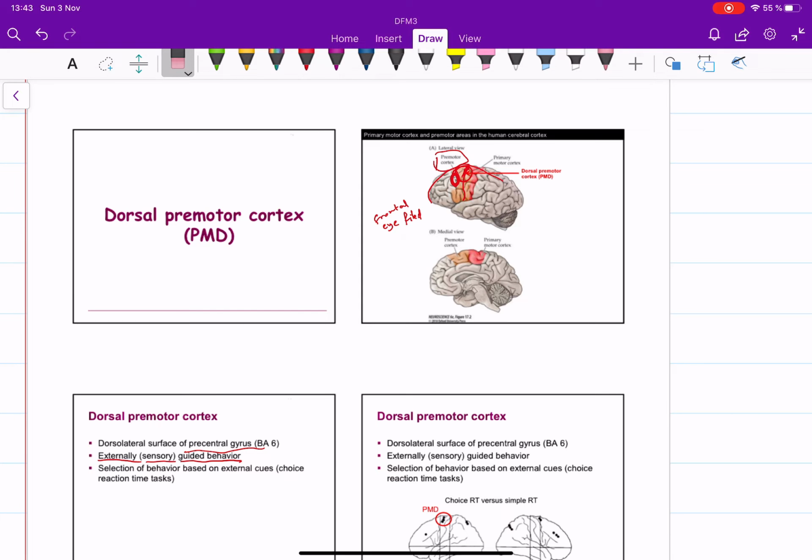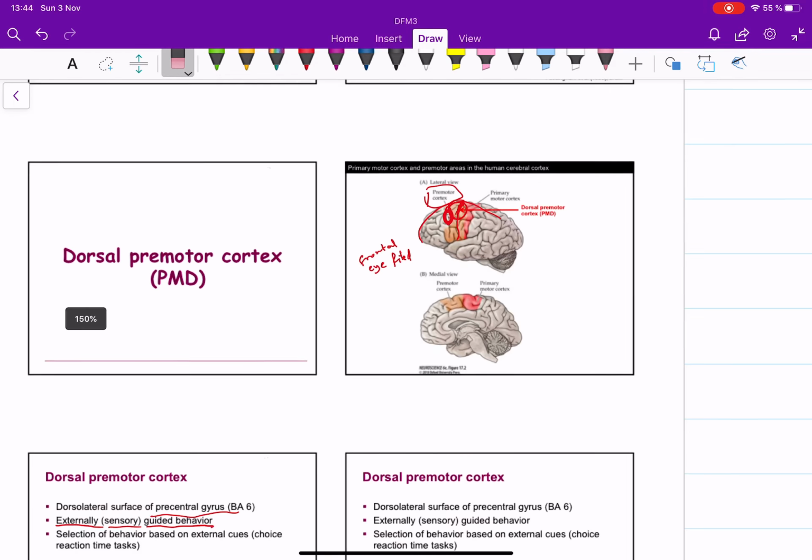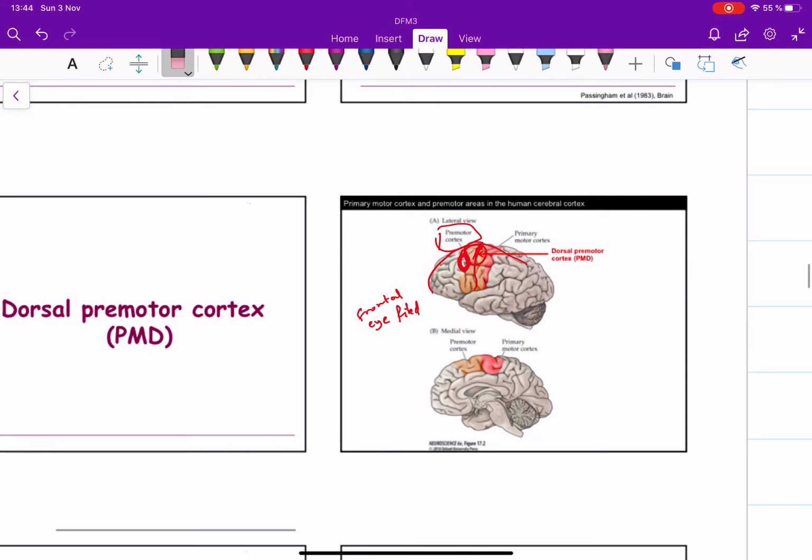For example, when we react to something, when we turn our face to look at the flash of a car, or when a sound turns our attention to it, that's the dorsal premotor cortex, which is responsible for that.